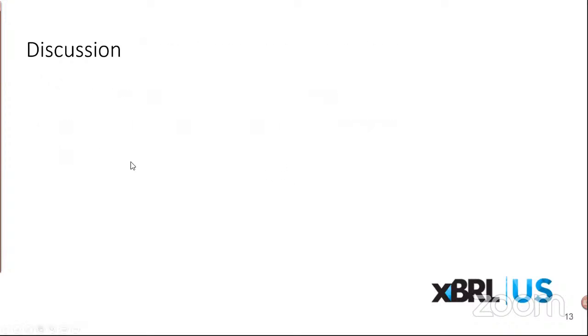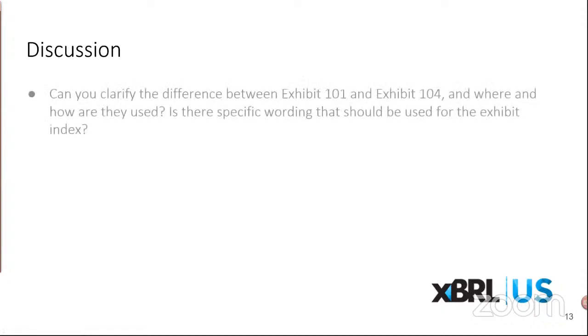All right, so I know I reviewed some examples earlier, but can you clarify the difference between Exhibit 101 and 104 for everyone on the call today, and where and how they're used? Yes, registrants subject to Inline XBRL requirements should identify any interactive data file required under Rule 405 of Reg S-T as Exhibit 101 in the exhibit index, and any cover page interactive data file required under Rule 406 of Reg S-T as Exhibit 104 in the index.